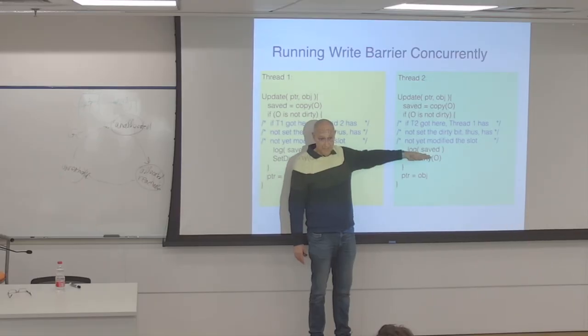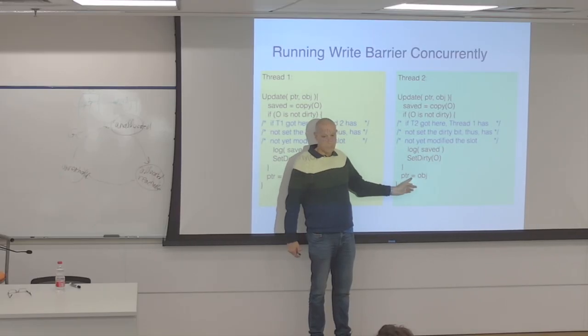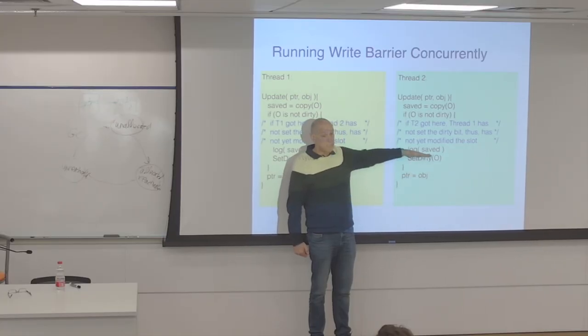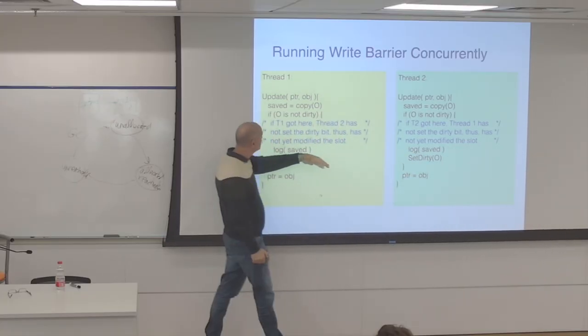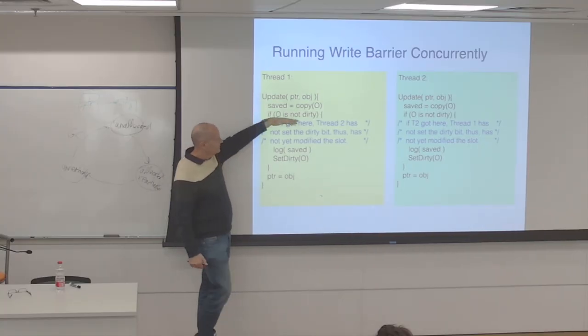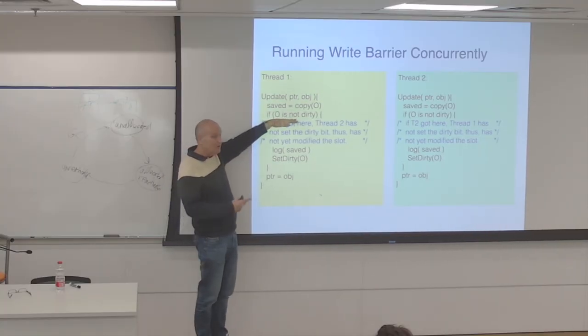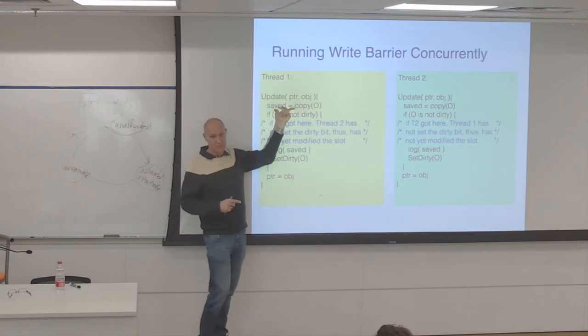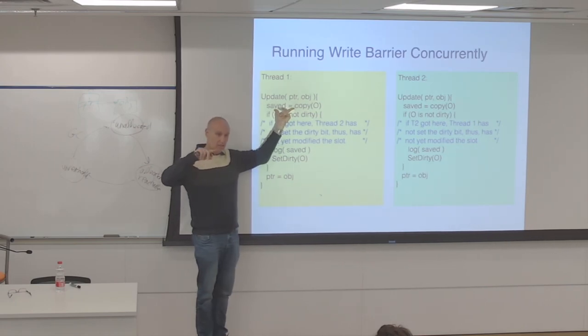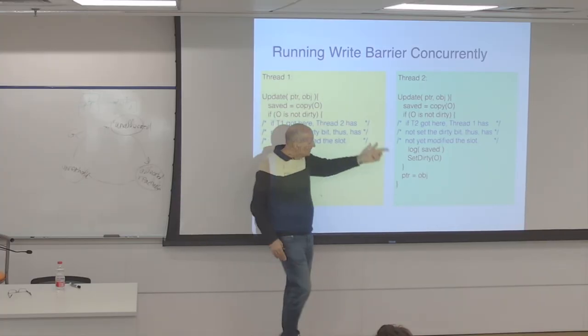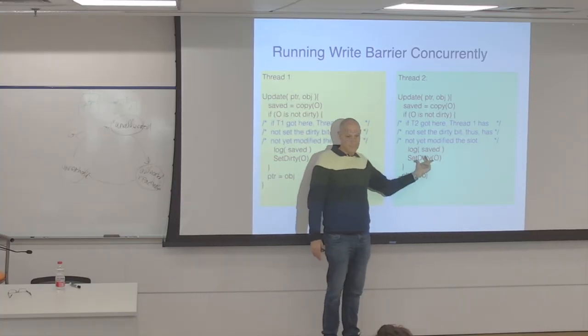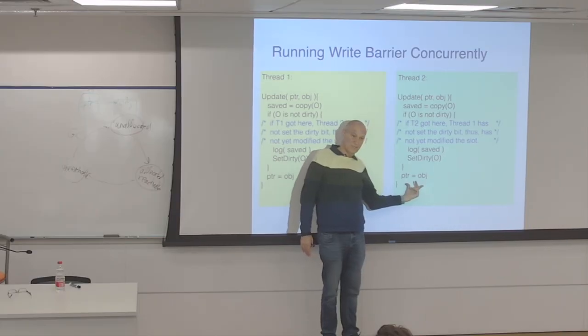So if it was here, then it has not yet changed the pointer, because the pointer changes later. So the other thread could be here when this thread checked the object and found it dirty. Now, it read the state of the object before it checked the if condition. So it read it before the other thread made it dirty, and so before the other thread has changed it.